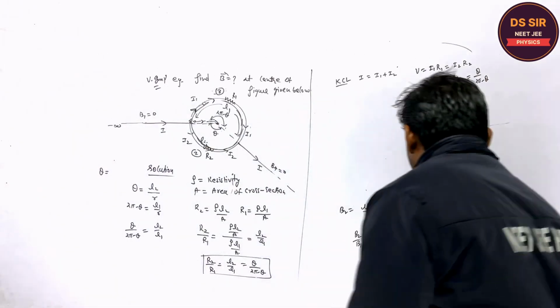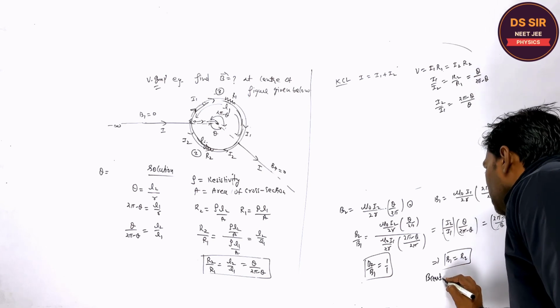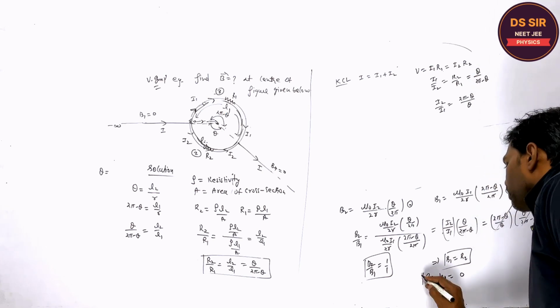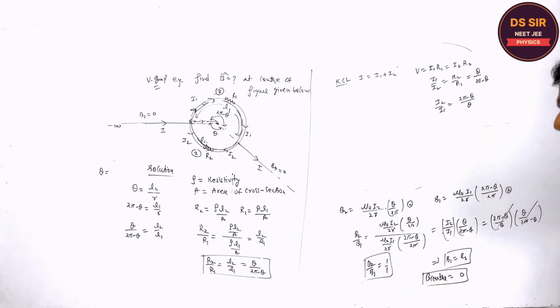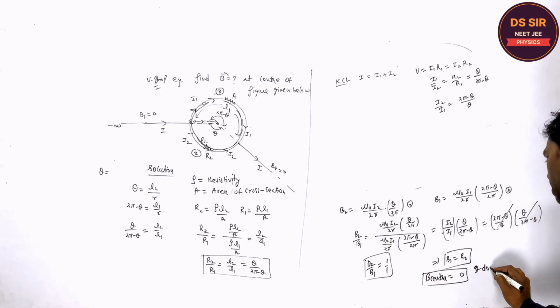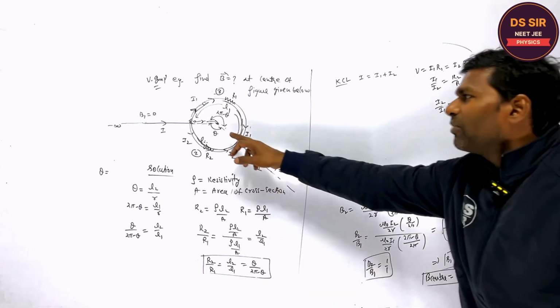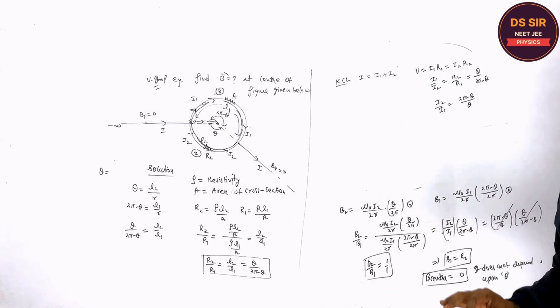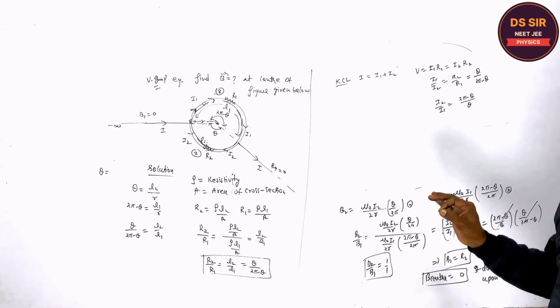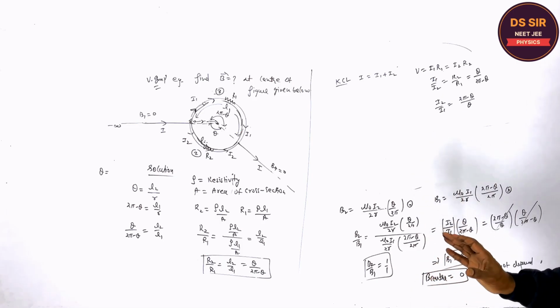Are you getting it or not? It does not depend upon theta. Whatever the angle is, the magnetic field at the center for every angle will be 0.